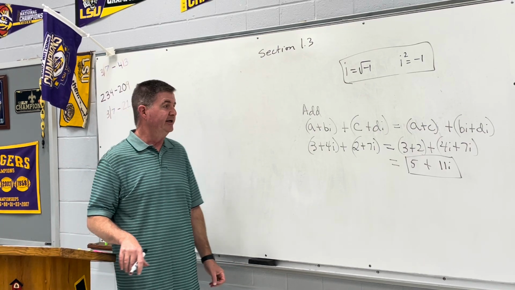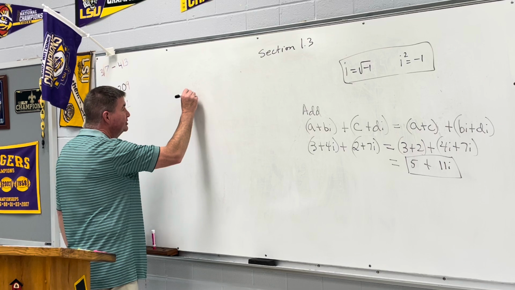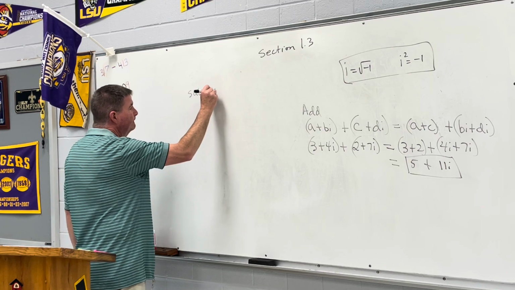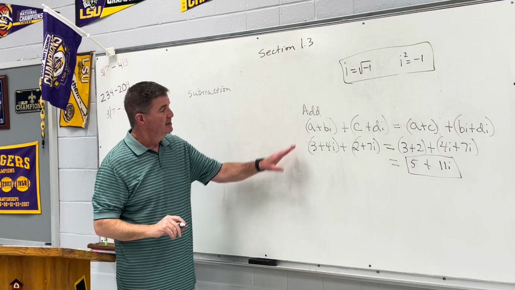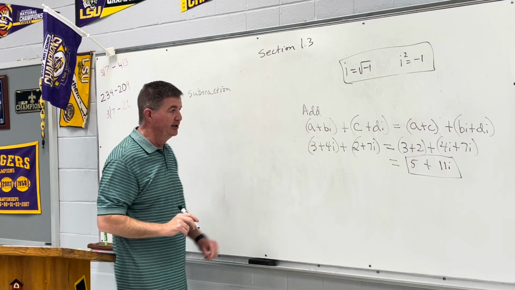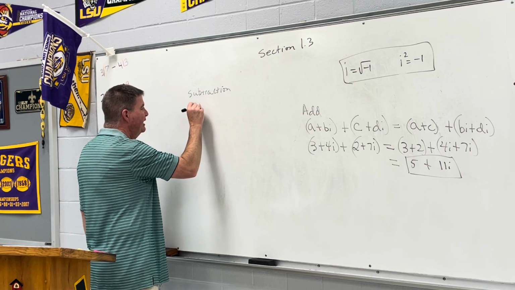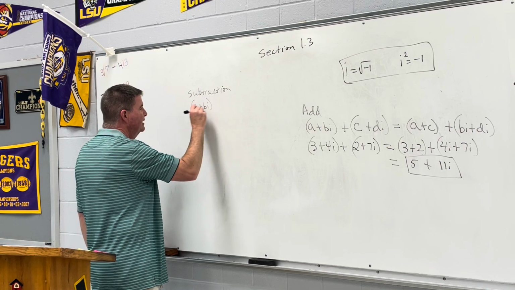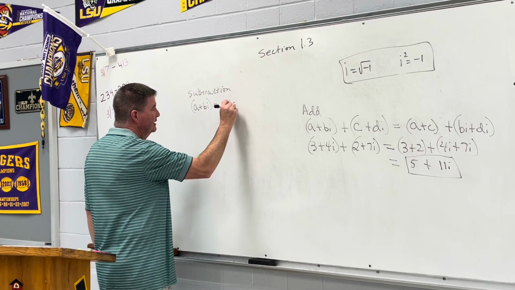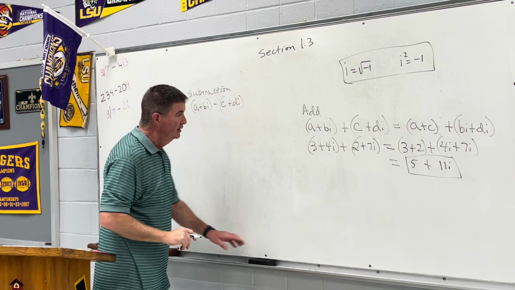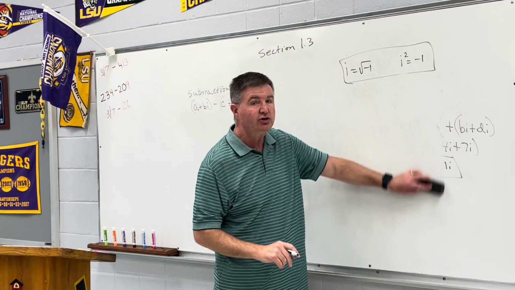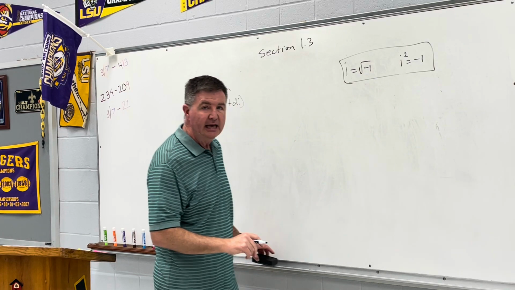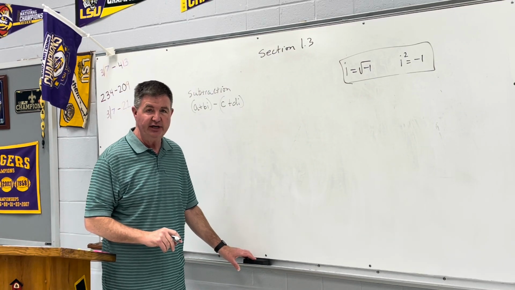Just like addition, we also have subtraction. And the subtraction of complex numbers has a formula just like the addition. So if we have a plus bi minus c plus di, instead of add, we're going to subtract the reals and we're going to subtract the imaginaries.